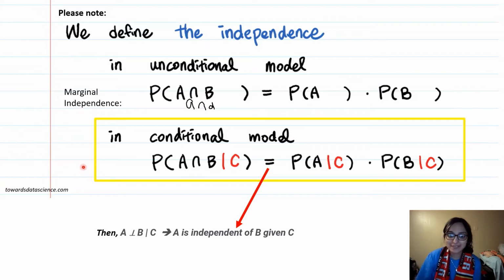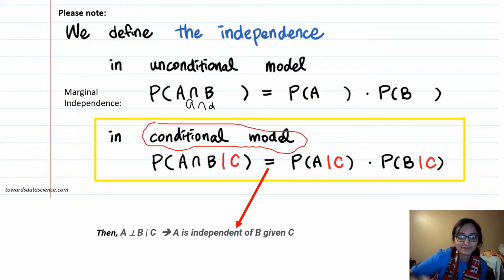However, in this video, we're talking about a conditional model, and what makes this conditional is the fact that we're given C here.